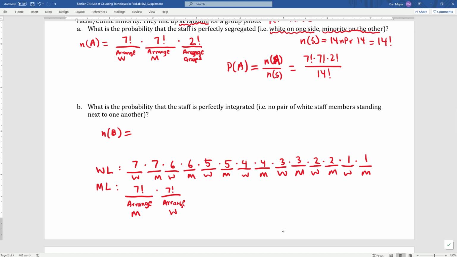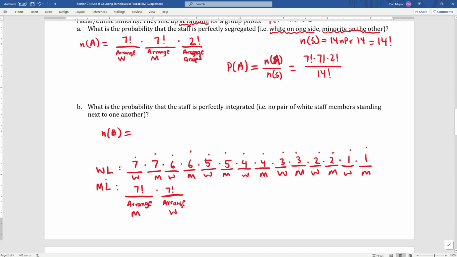And if you look here, we got 7 times 6 times 5 times 4 times 3 times 2 times 1. There's the 7 factorial ways of arranging the white people, and 7 times 6 times 5 times 4 times 3 times 2 times 1, the 7 factorial ways of arranging the minorities. We just shuffle them differently than we did the first time.